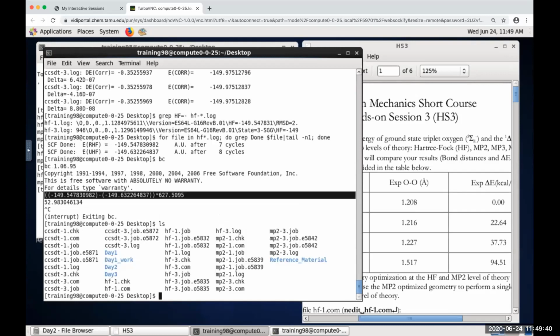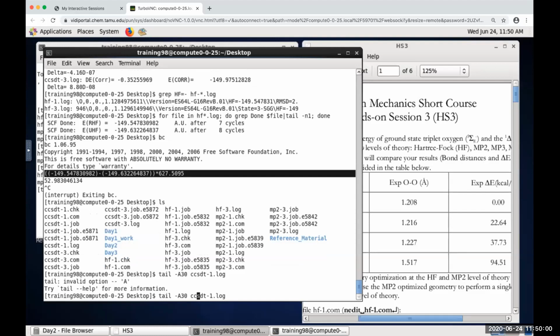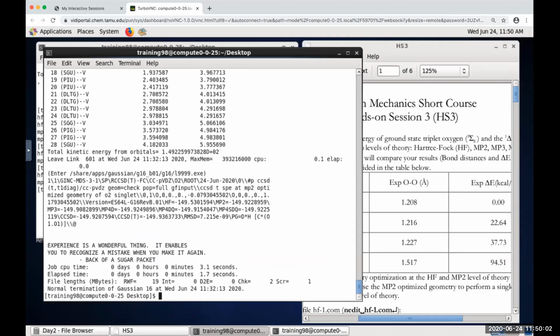Most of those you can pull from the log file. If you look at the last 30 lines of your log file for the CCSD(T) calculations, it'll show you the energetics in the archive.